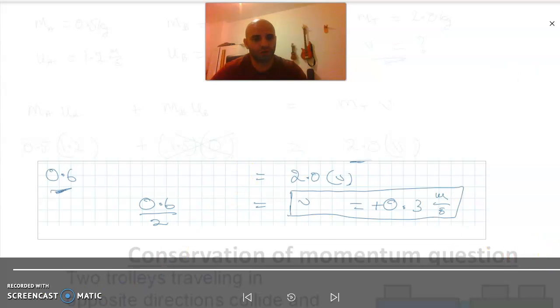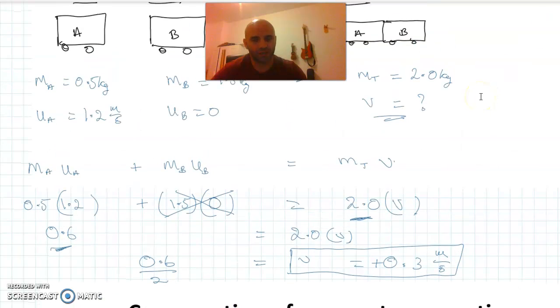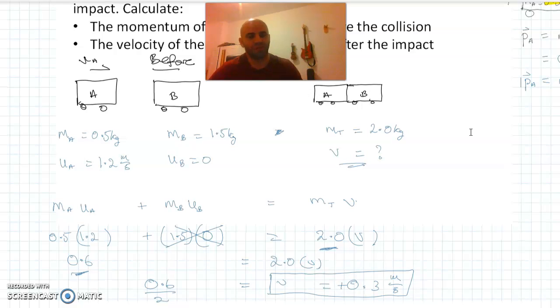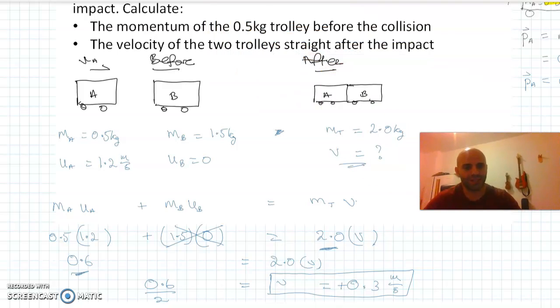And again, just do a quick sanity check. Check it as regards the momentum vectors. The total momentum before the collision, we had already worked out to be 0.6. So if I draw the momentum vector, it might look something like this. So there's my momentum vector before the collision. This one has 0 momentum.